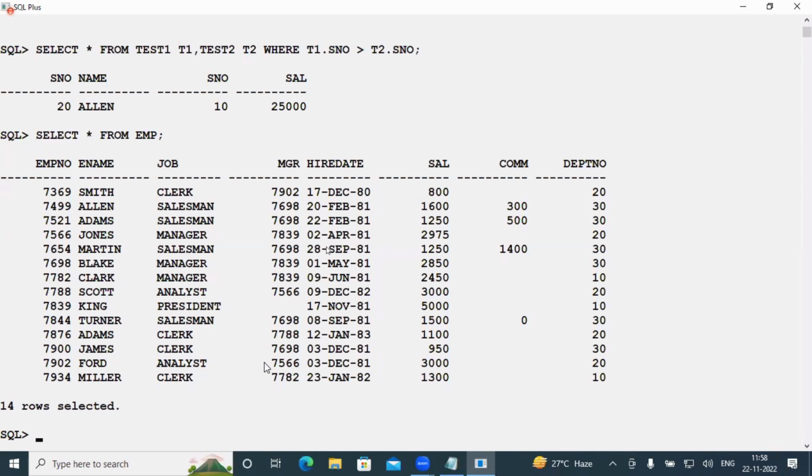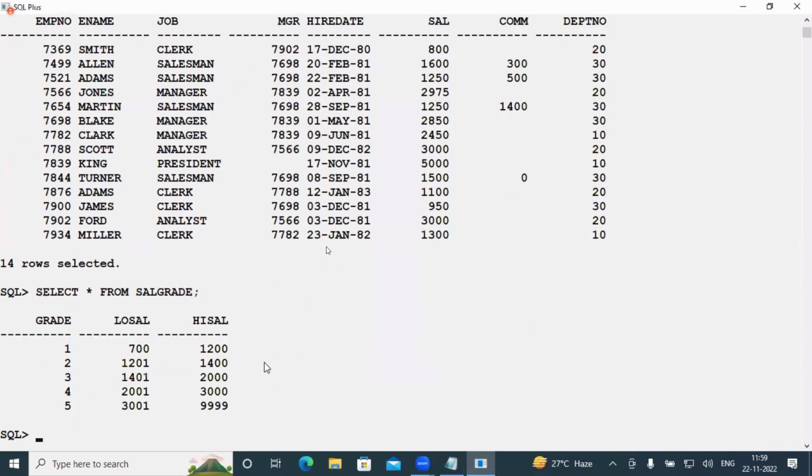So we have 14 employees' salaries. But we don't have a low salary column or a high salary column. That means your low and high salaries are in another table.